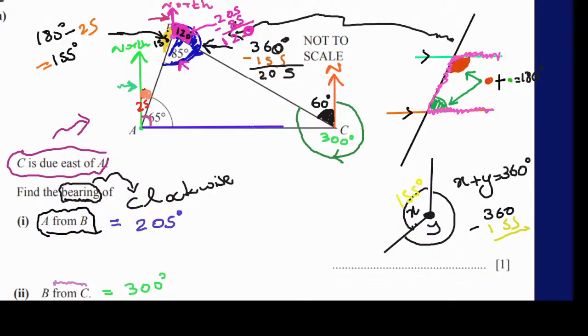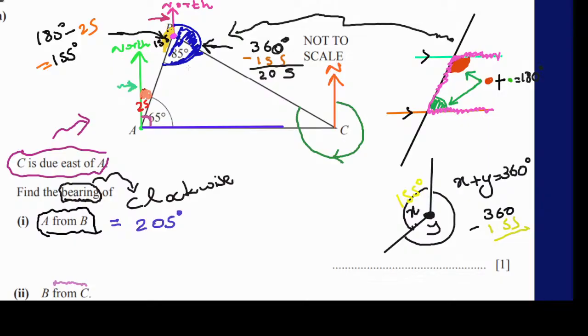Another method would be, we know the interior angles in a triangle add up to 180.